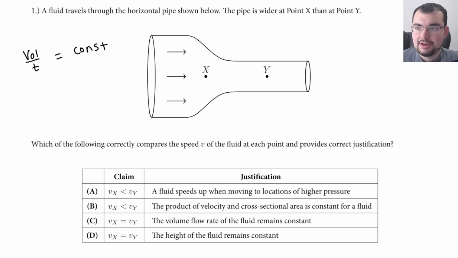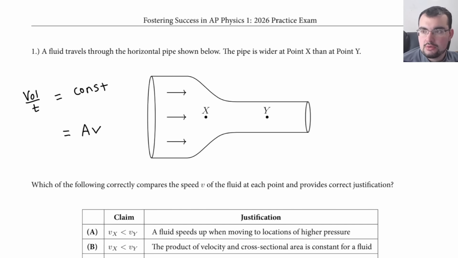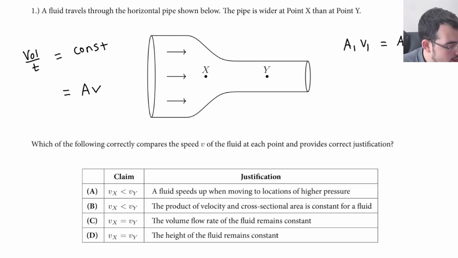And we actually do have an expression for that. The volume flow rate is area times speed. So we come up with the continuity equation that says A1V1 equals A2V2. In this case, instead of 1 and 2, let's call our moments in time x and y.